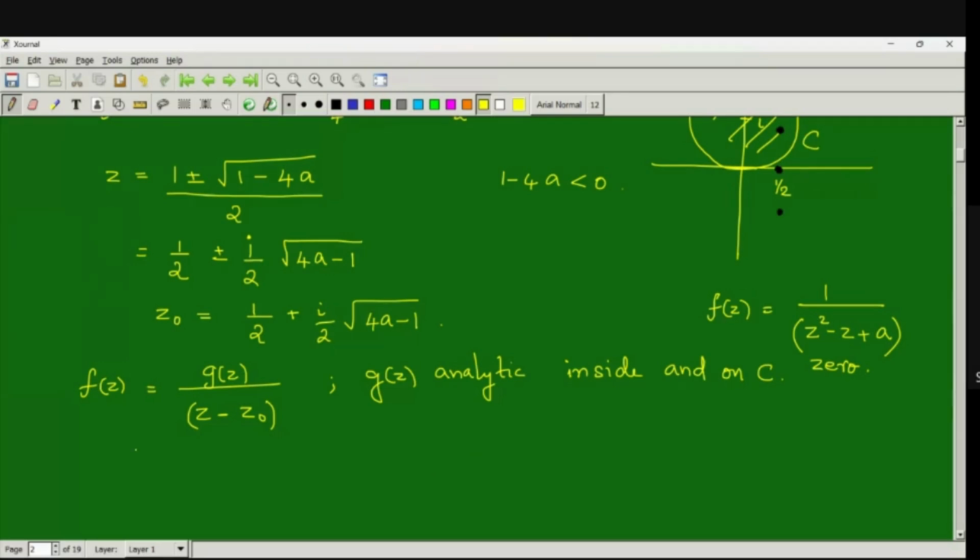Now what is this g(z) actually? Of course, this is z minus z0 into f(z), right? The roots were z0, and let me call z1 equal to 1 by 2 minus i by 2 square root of 4a minus 1. So g(z) is actually 1 by z minus z1. Agree?